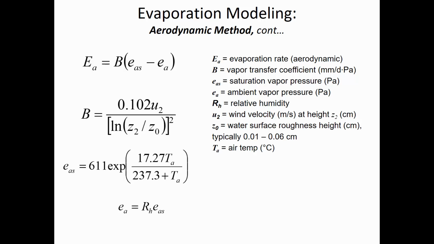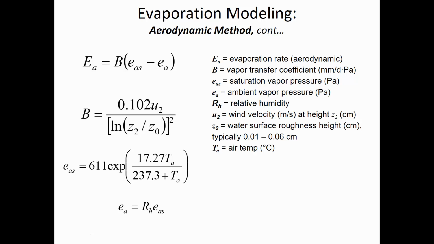This factor B is the vapor transfer coefficient that depends on the relative height of the waves and some elevation that we're measuring the wind at. So U2 here and Z2 are related. Usually you wouldn't be measuring the air speed right at the water surface.